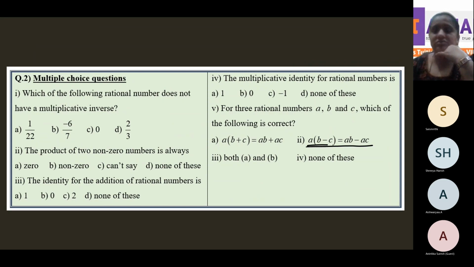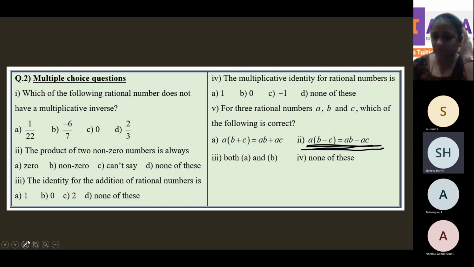Yeah, children. Shreya, say something about this one. It is correct, ma'am. It's obviously the distributive property of multiplication over subtraction of rational numbers.